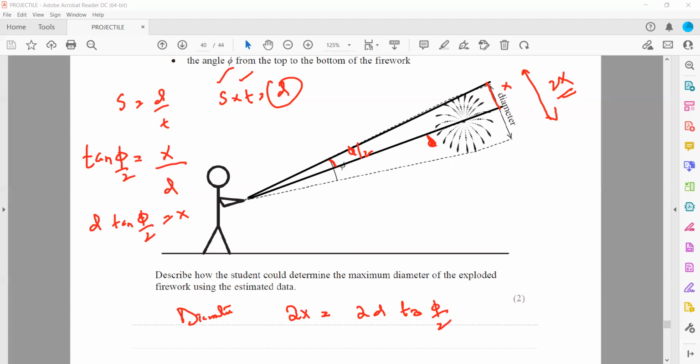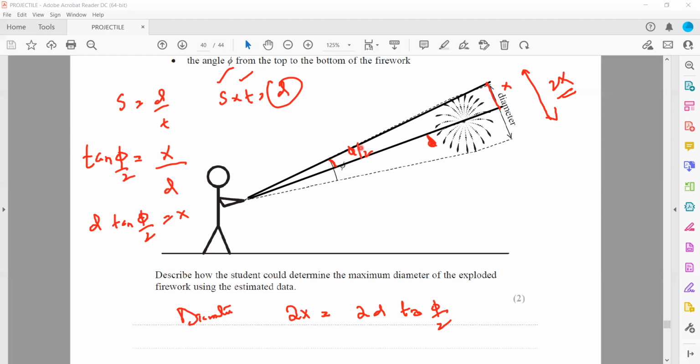So first, determine the distance. How to determine the distance? Because we already know the speed of sound and the time, using them we'll find the distance between the firework and the person. We use phi by 2 because the full angle is phi, so we took half of the angle.